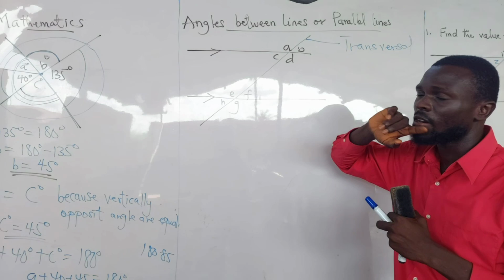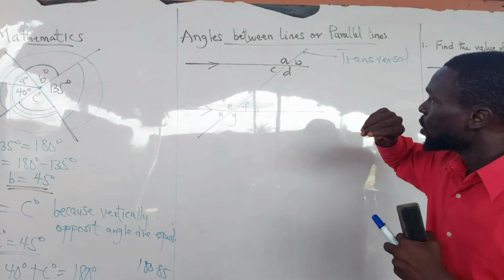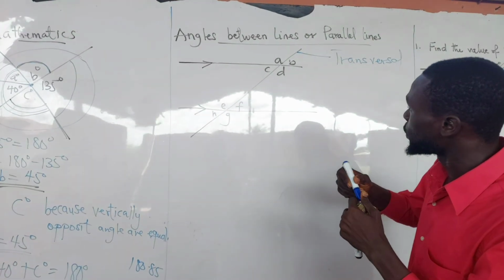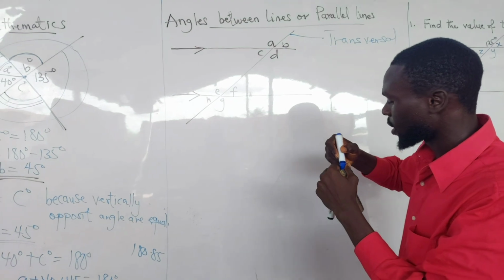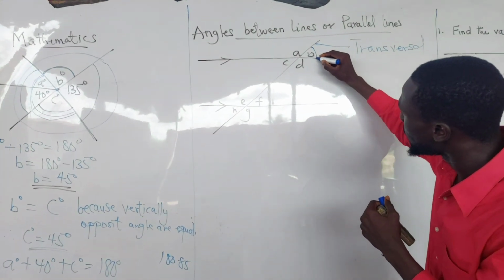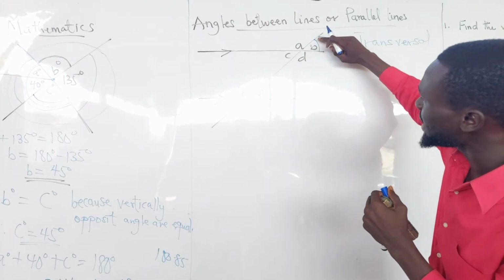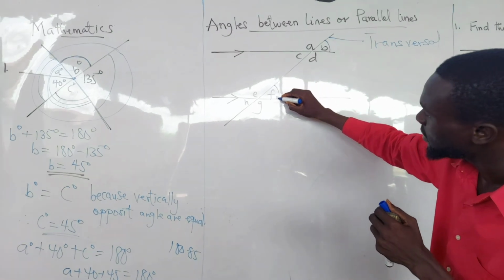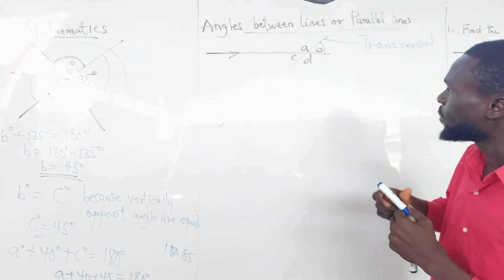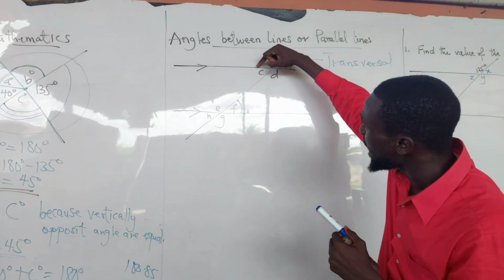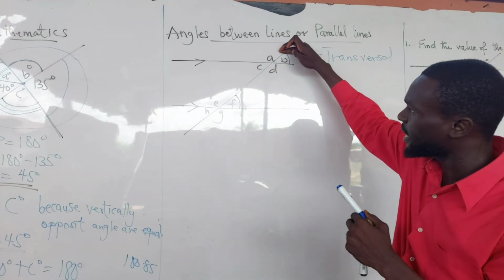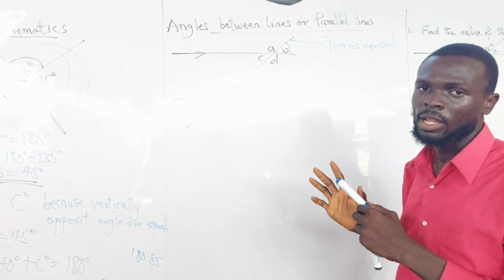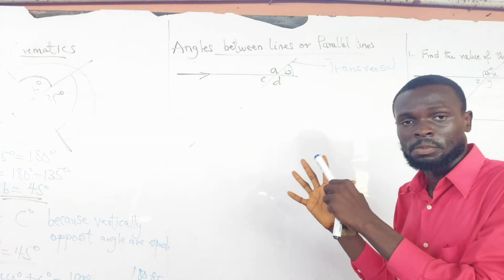Now look at the diagram carefully. Look at the position of the B, this B. Now the angle here, we can say that the position of the B is the same position as the F. And we can also see that the way the A is positioned, the E is also having the same shape or the same size.